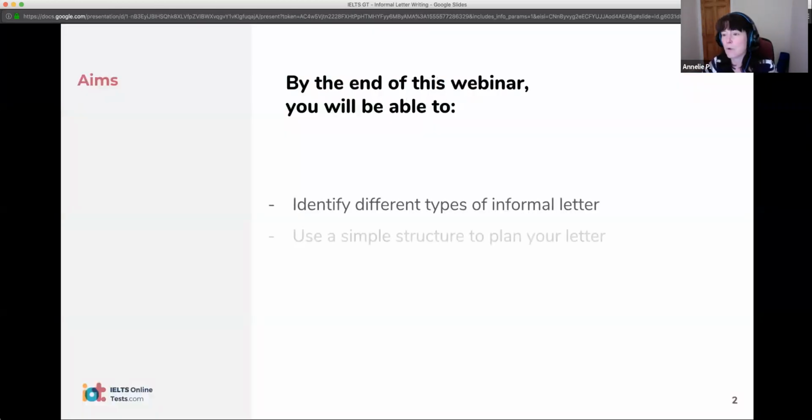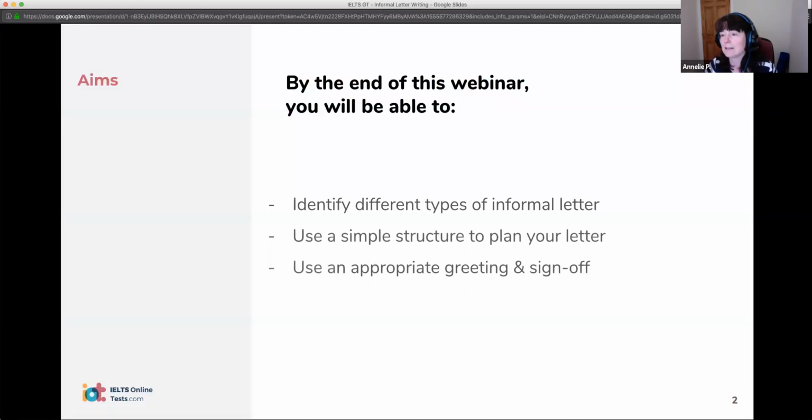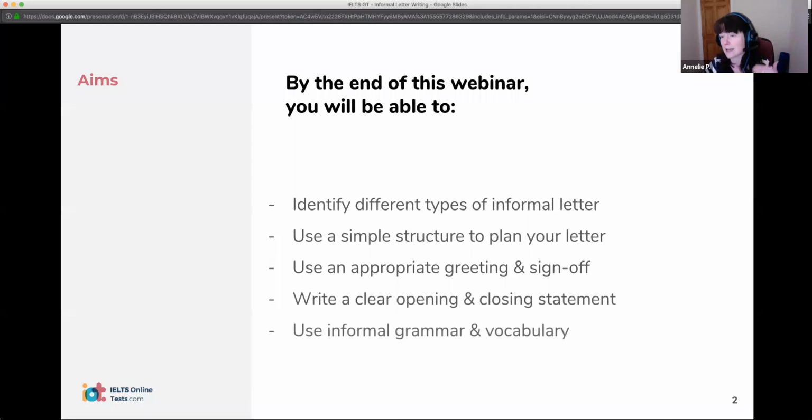So specifically, what are we going to be doing in this webinar? So we're going to look again at the 3 different types of letter that you can get and make sure you can distinguish between them. And then how we can organize our letter and how we can start and close that letter.